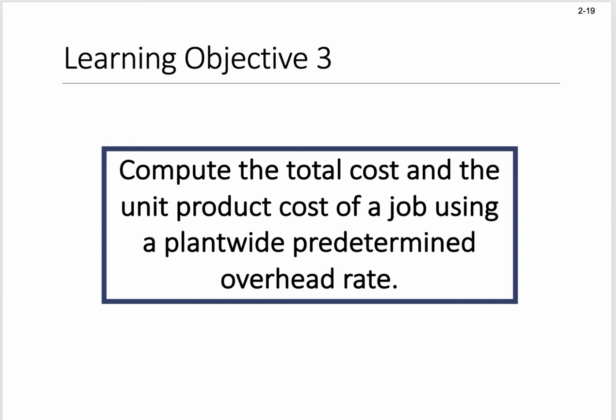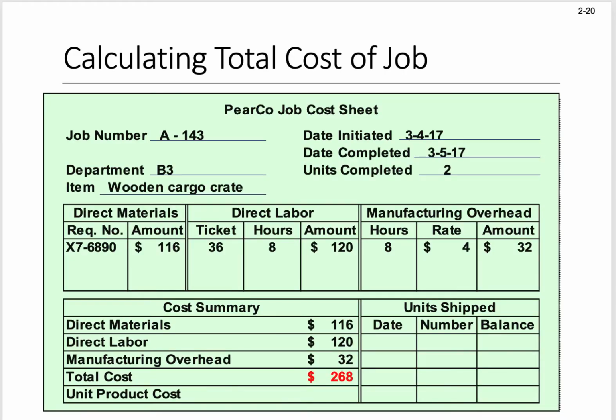Okay, so now we can go ahead and compute the total cost of a job, and we can also break that cost down to determine the unit product cost. We already have all our costs. All we got to do is add them up.